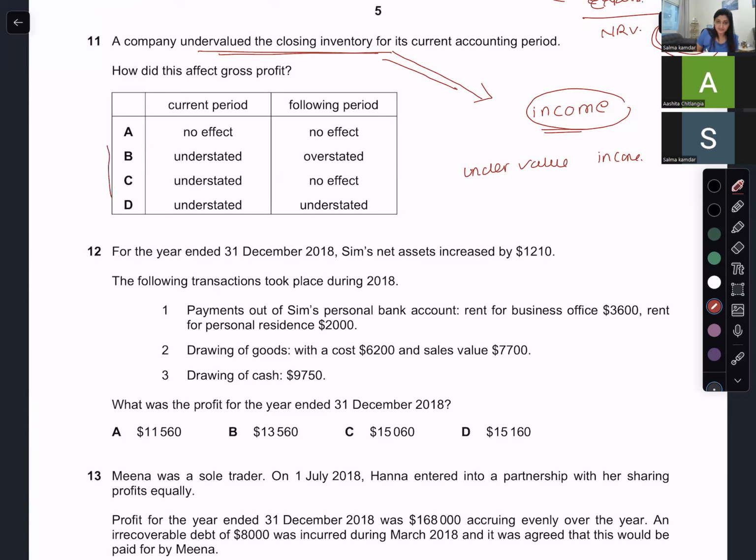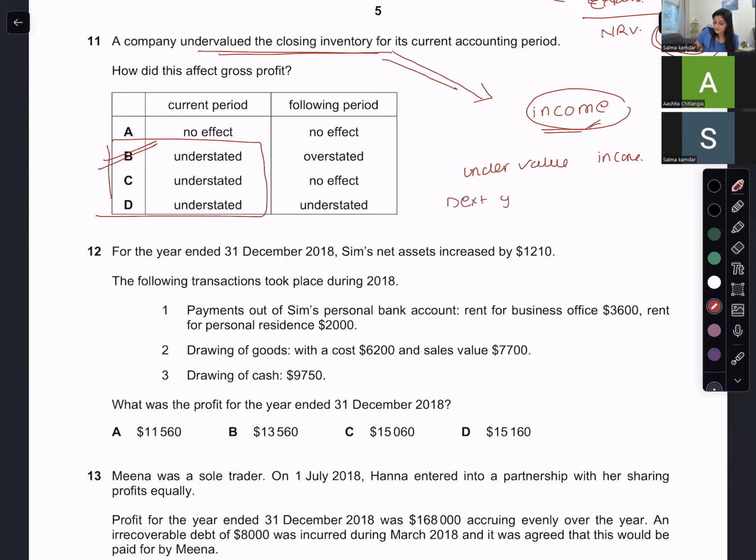So it would be B, C or D. The current year's gross profit would be understated. And next year, the closing inventory becomes the opening inventory.